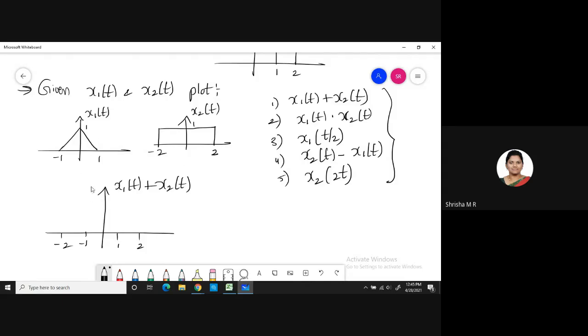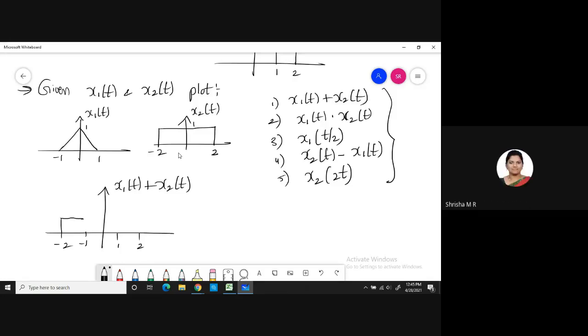Okay. So first observe, from -2 to -1, what is the waveform? There is no waveform from -2 to -1 in x1 of t, but there is a waveform from -2 to -1 in x2 of t. So 0 plus 1, what is 0 plus 1? 1.